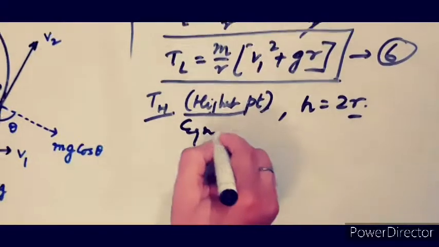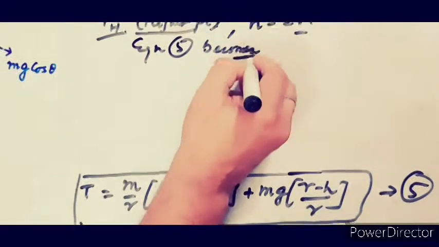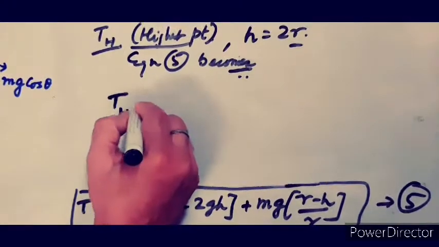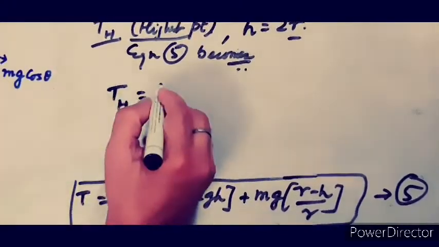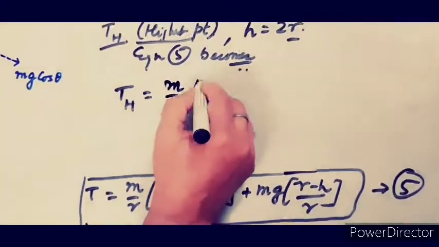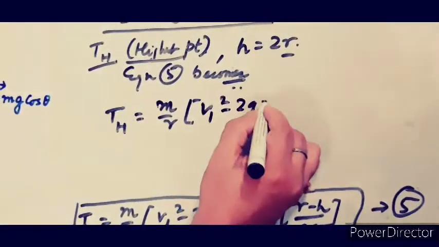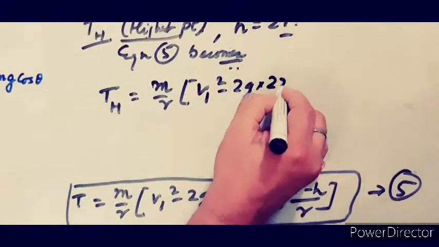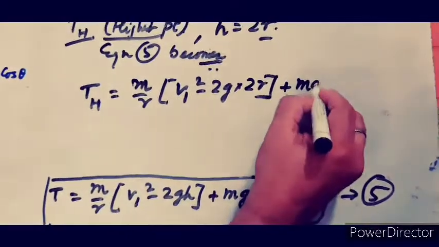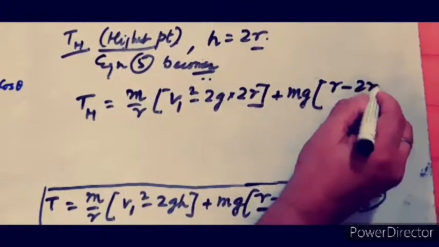So equation 5 becomes, T at H is equal to m by R, v1 square minus 2g into, in place of h, twice R, plus m into g, R minus twice R by R.